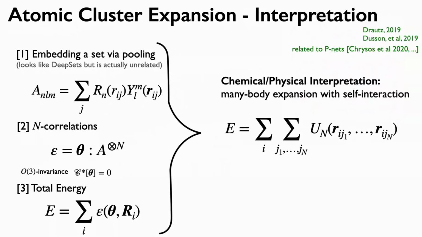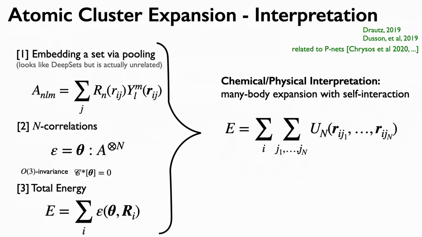So now, why is it called atomic cluster expansion? The reason is this. The ideas were floating around in many ways, but the first person to put all of this together was Ralf Drautz, and he actually started from something else. It's still not quite exactly how he formulated it, but for the sake of simplicity: he started from a many-body expansion.